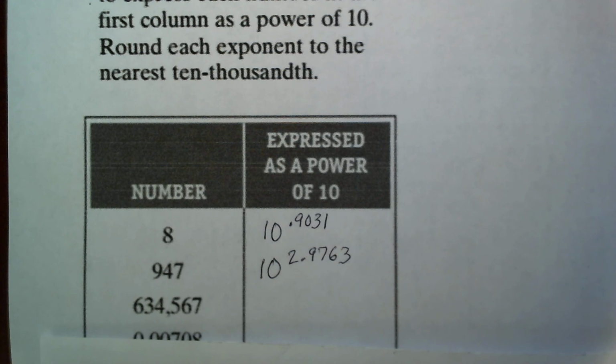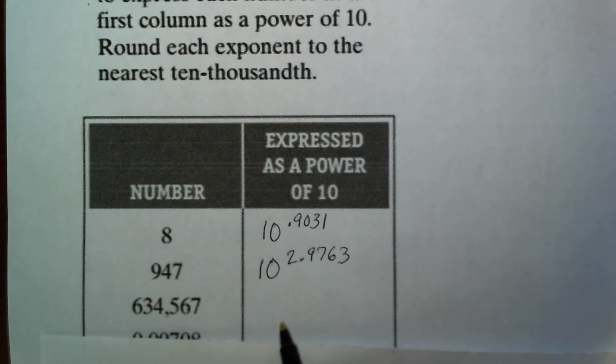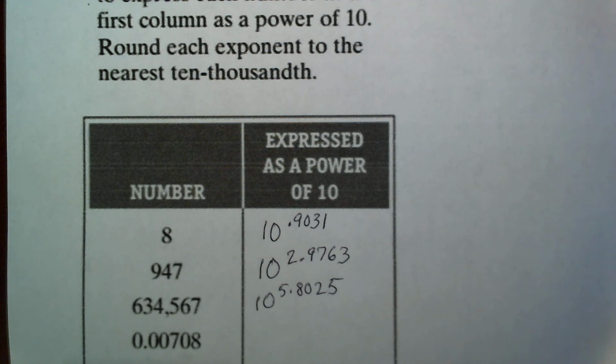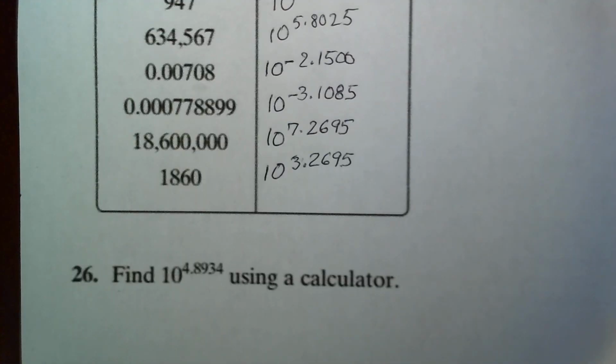For 634,567, the log base 10 is 5.8024, so it's 10 to the 5.8025, rounded to 4 decimals. And so we do the same thing for all the other numbers.